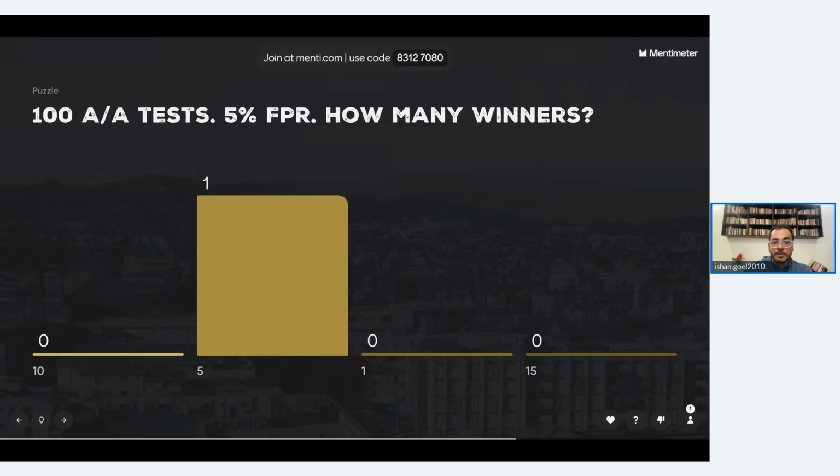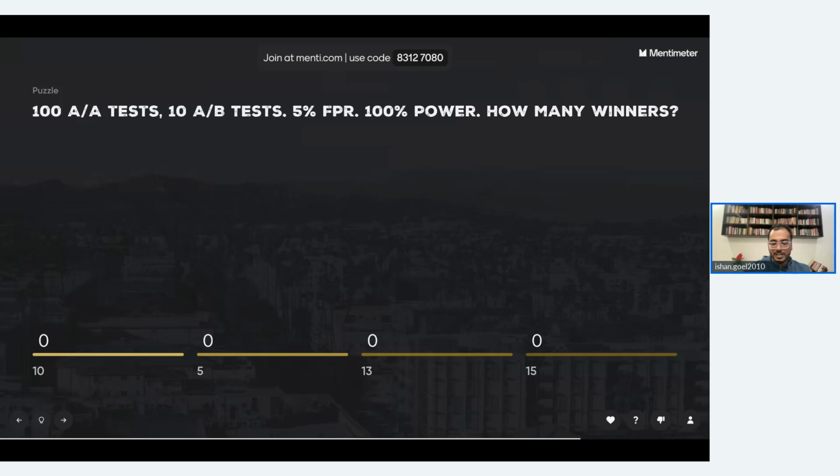Moving on to the next question in this series, and I'm trying to build a concept here. So the next question is slightly complicated, and if the first one was complicated, then this one is going to be more complicated. But now you ran 100 AA tests and 10 AB tests. Now these 10 AB tests, what I'm talking about is that they are true winners.